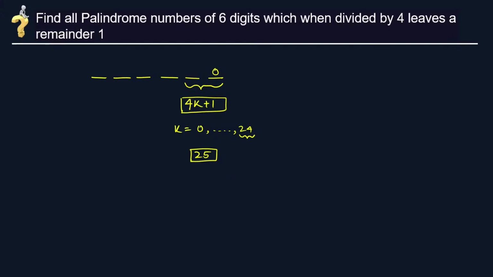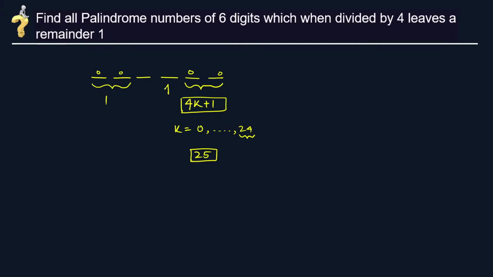No. So I don't have to consider any other cases to subtract from this number 25. So these two places can be filled in 25 different ways. Therefore, these two places will be filled in only one way, because whatever number is coming here, you have to put the same number in these two places.